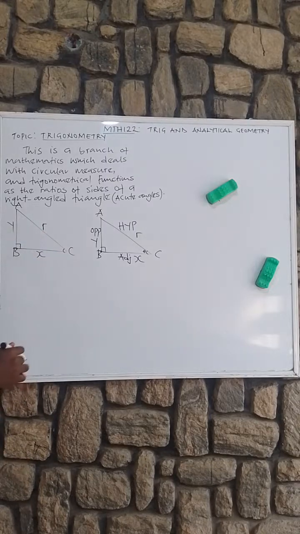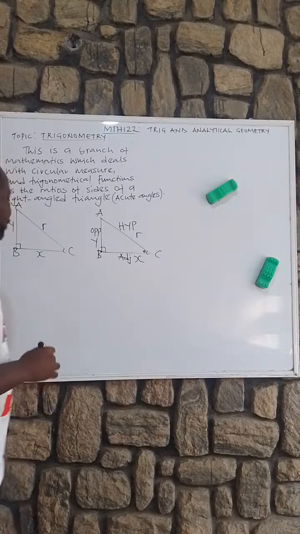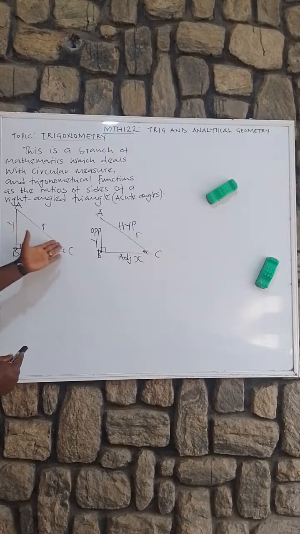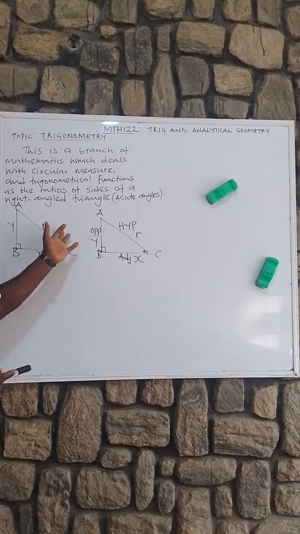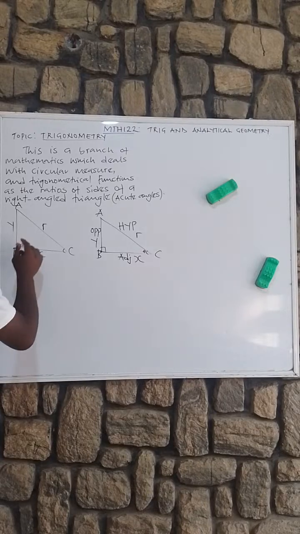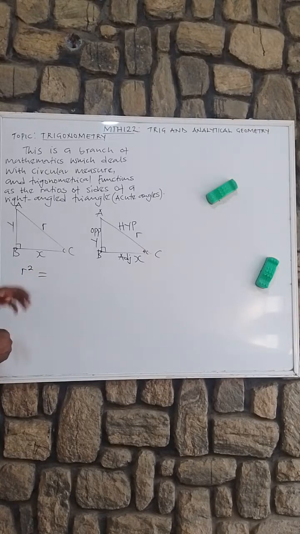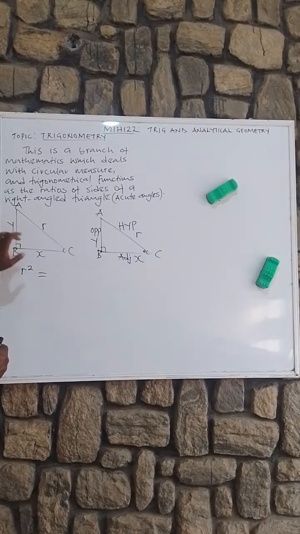When we apply Pythagoras theorem, it means Pythagoras theorem states that the square of the longest side, it means what is here? R. R square is equals to the sum of the square of the two remaining sides, that is talking about this and this.